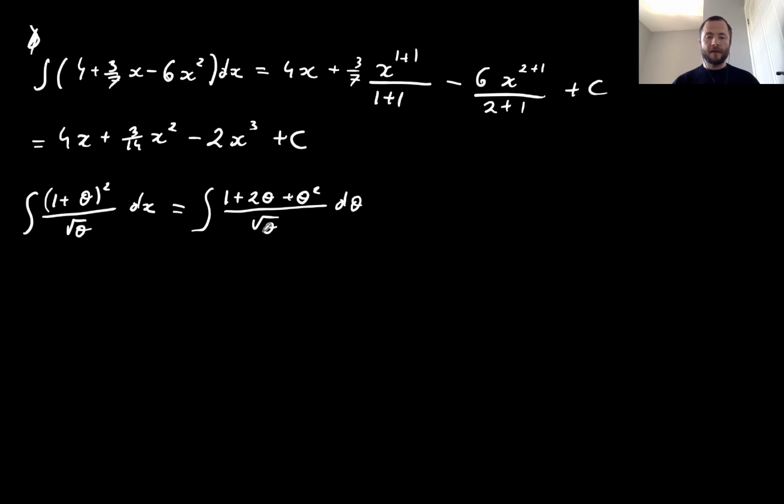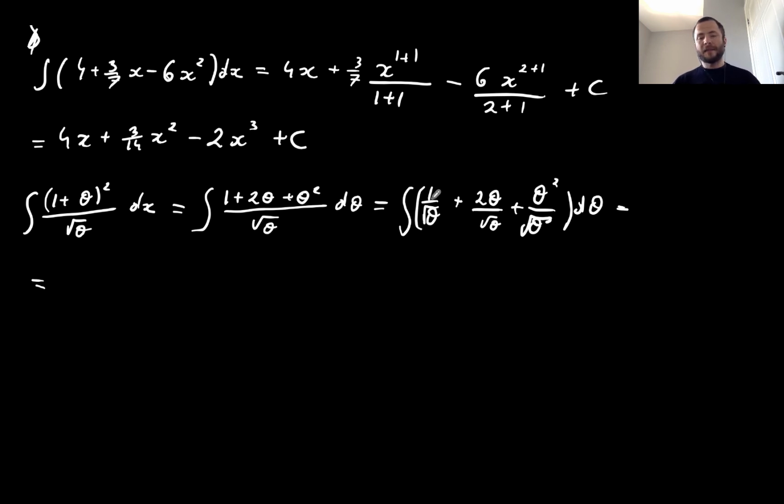same denominator, root theta. So that will turn into the integral of 1 over root theta, plus 2 theta over root theta, and plus theta squared over root theta, and all that d theta obviously.